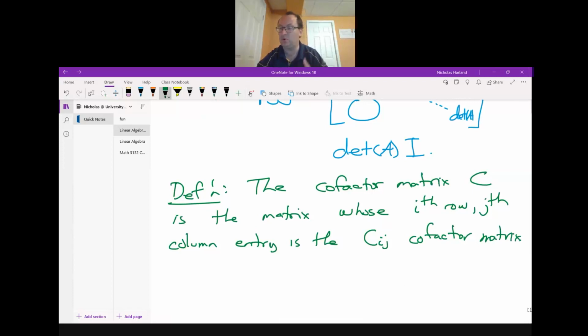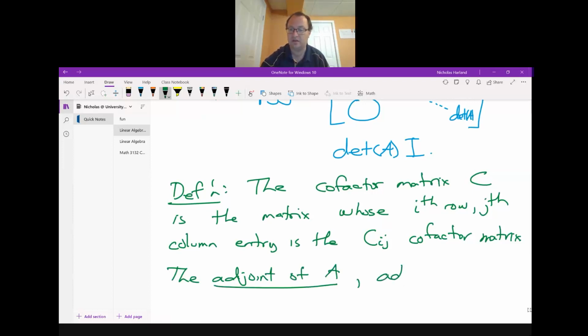The one that's important to us is called the adjoint. The adjoint of A, or adj A, is the transpose of this matrix.